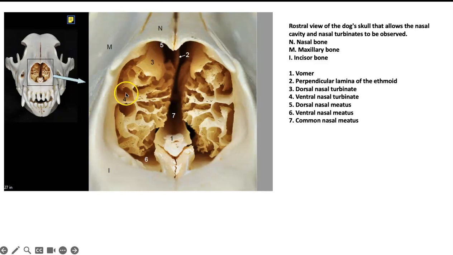And then you have the ventral nasal turbinate right here, and we also have the dorsal nasal meatus, the ventral nasal meatus, and the common nasal meatus, and you can see here the vomer bone, which divides the nasal cavity into two halves.